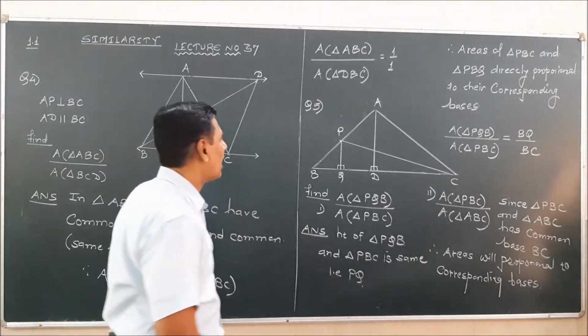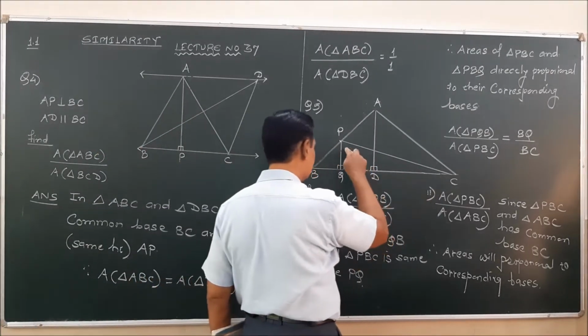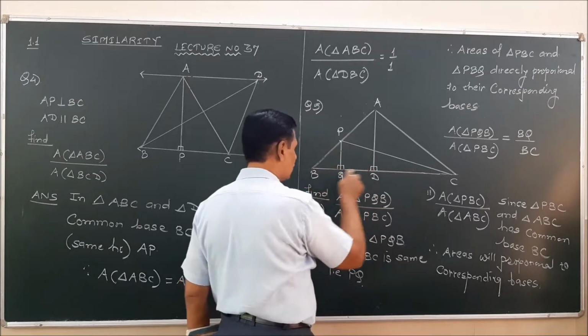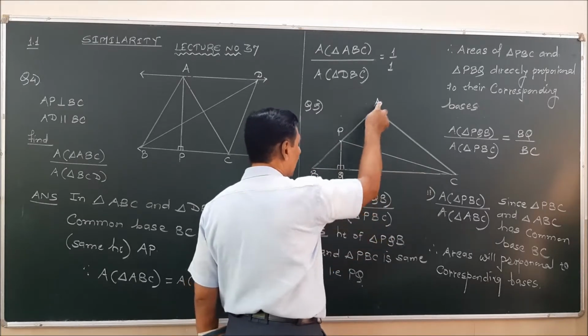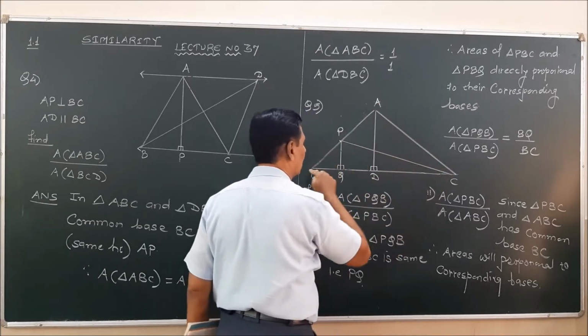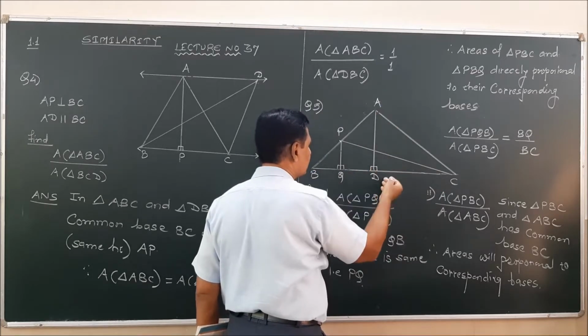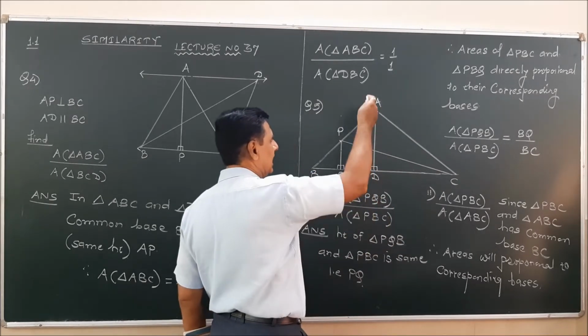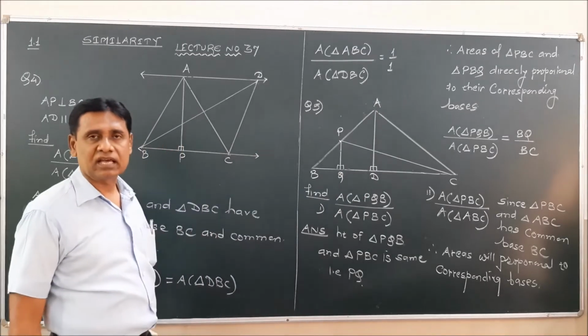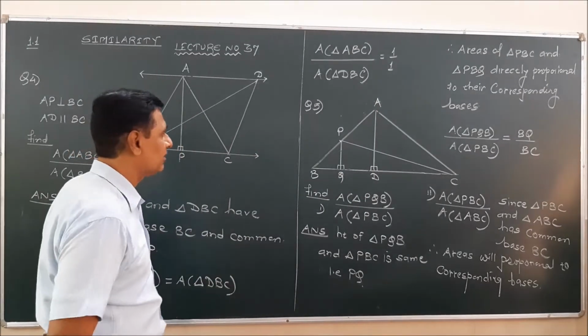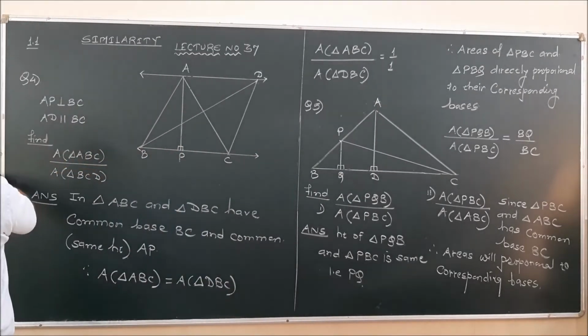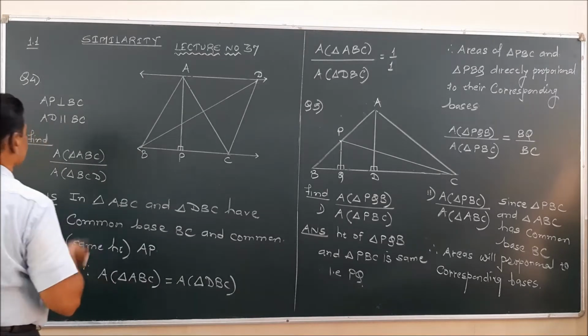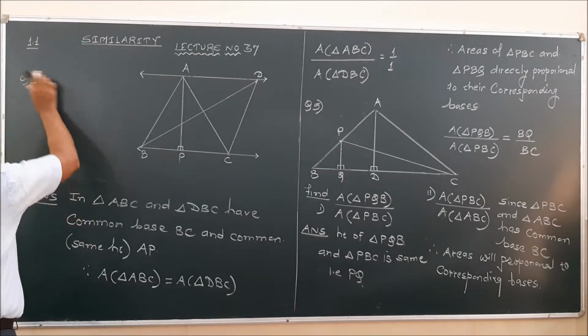Height of PBC is PQ. Height is always the perpendicular drawn from the vertex to the base. So you will find that AD is a height. If bases are the same, areas will be proportional to their corresponding heights. Very important.